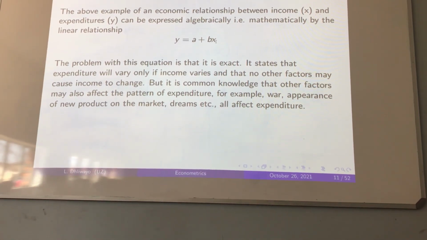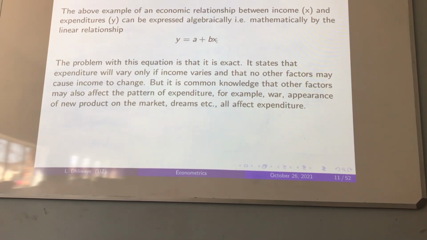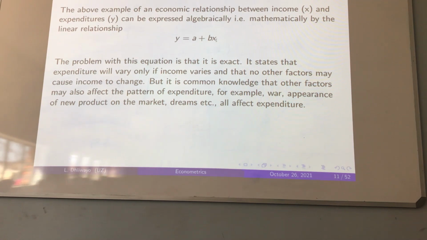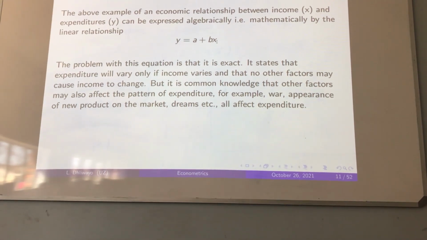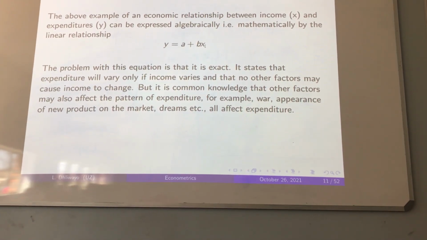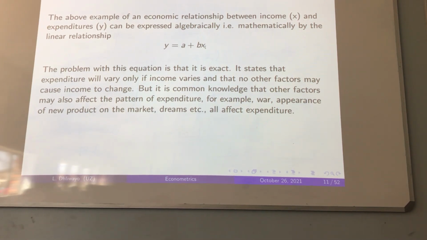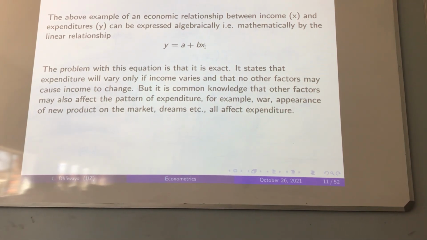Why is it exact? Because we don't have an error term there. The normal equation we know is what? Y is equal to A plus what? BX plus an error term. But this one is exact. That means the points lie exactly on the what? On the line. Okay.